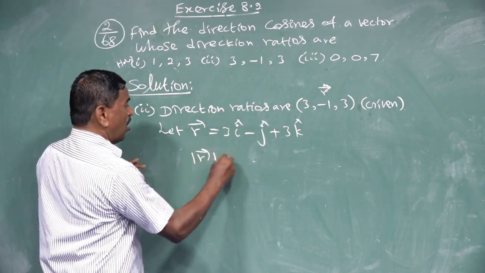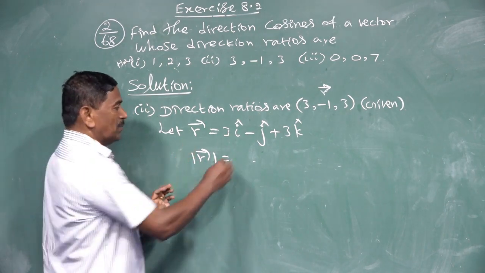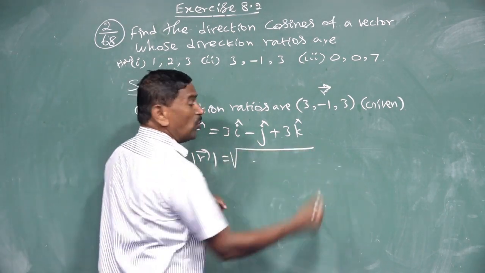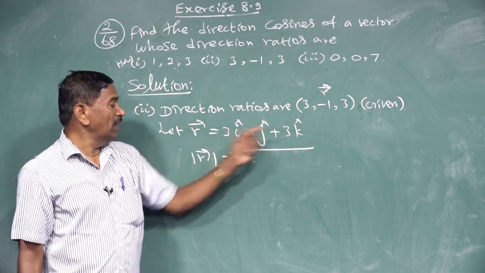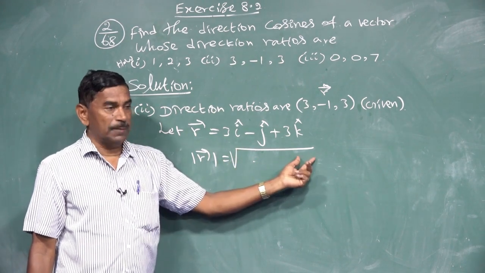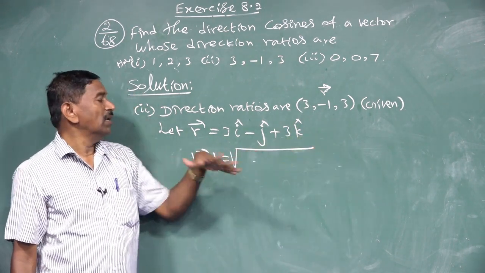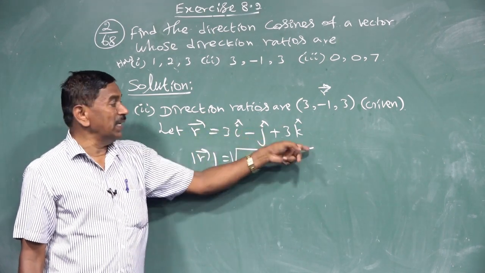Now modulus R vector is equal to? We know that if R vector equal to xi plus yj plus zk, then modulus R vector is equal to square root of x square plus y square plus z square. Now R vector equal to 3 i cap minus j cap plus 3 k cap.